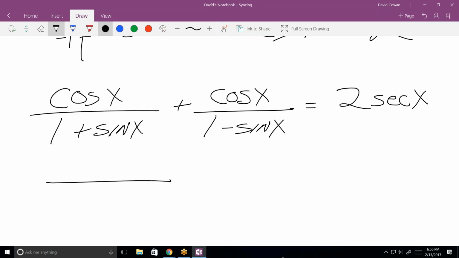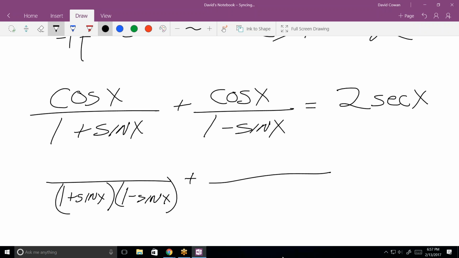Okay? So first let me write the common denominator. And I really love doing it like this because you can instantly check your answer to make sure you have not changed the fraction.